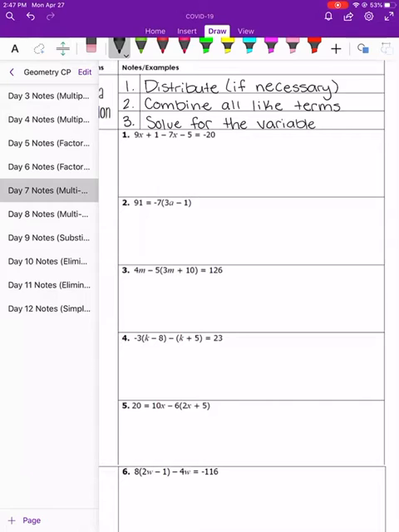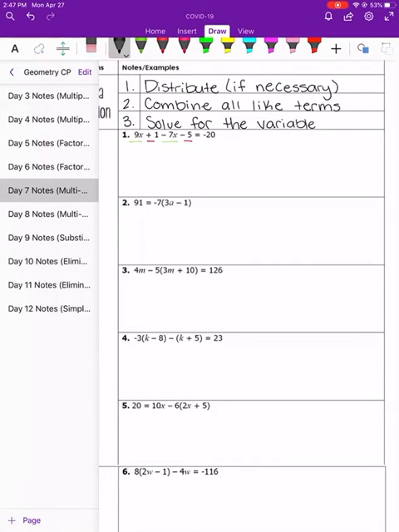So problem 1. I have 9x plus 1 minus 7x minus 5 equals negative 20, okay? I don't have to distribute anything, so we can skip 1. My next one is going to be to combine all like terms. So if I look at my problem on my left side, I see that I have a 9x and a negative 7x, and I have a plus 1 and a minus 5.